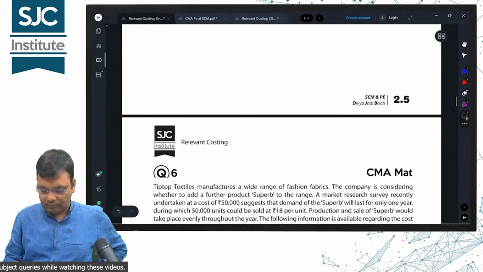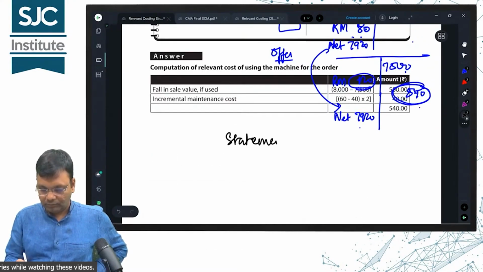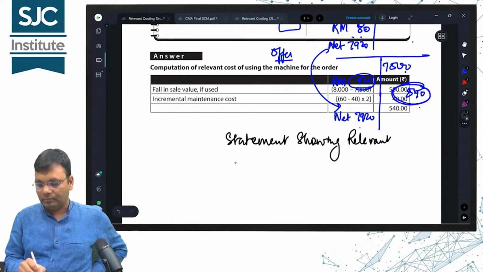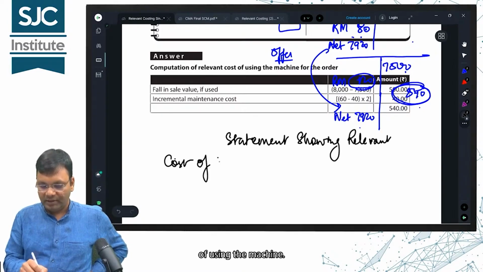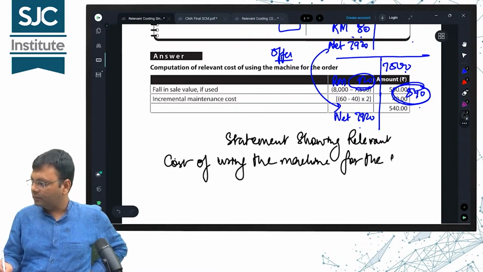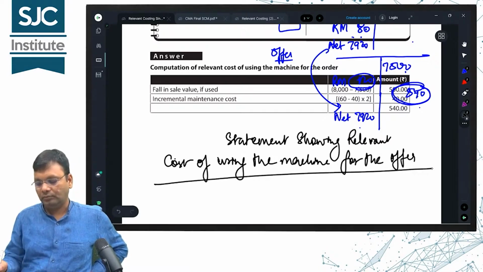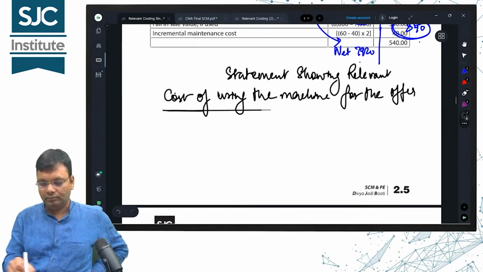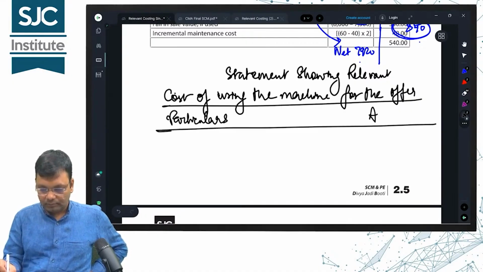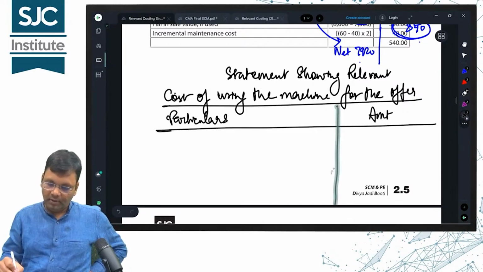Statement showing relevant cost of using the machine for the offer. Particulars, amount.